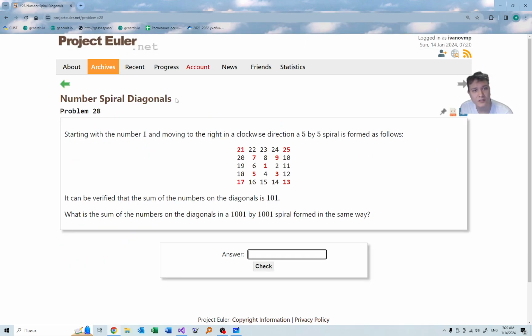Starting with the number 1 and moving to the right in a clockwise direction, a 5 by 5 spiral is formed as follows. It can be verified that the sum of the numbers on the diagonals is 101. What is the sum of the numbers on the diagonals in a bigger spiral?